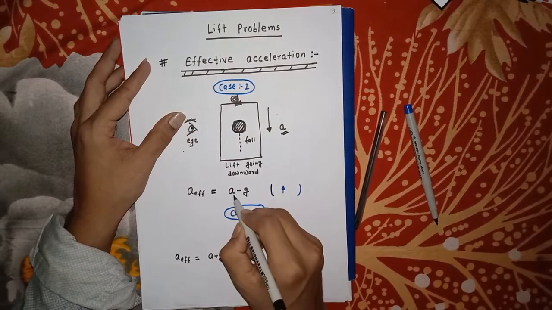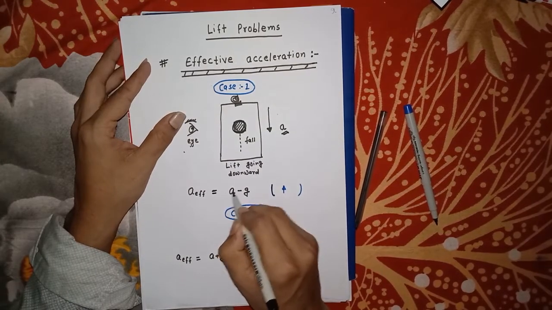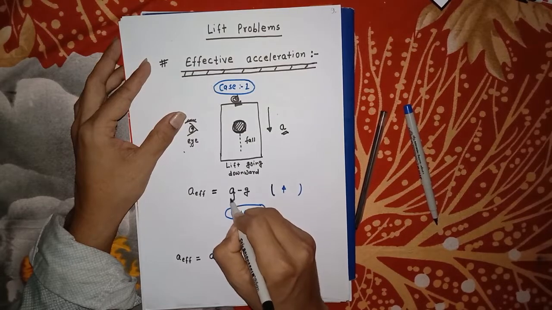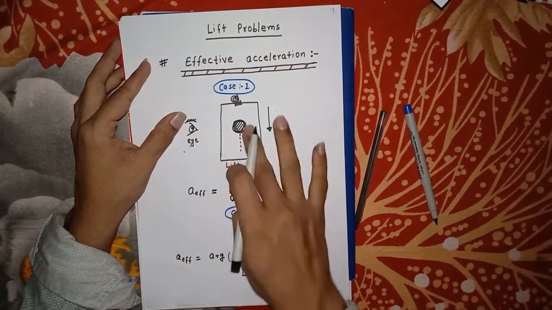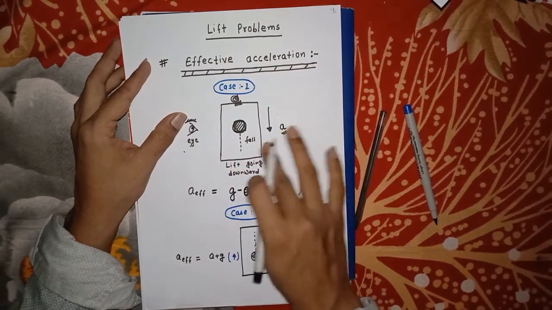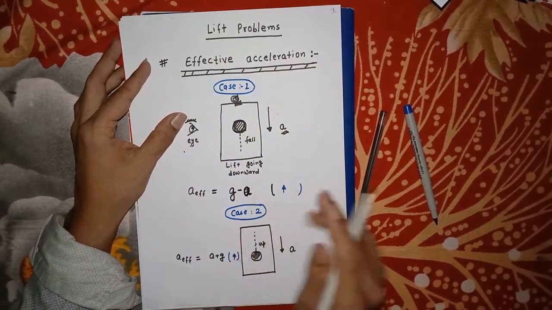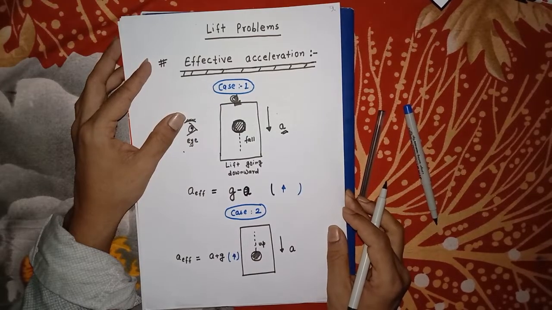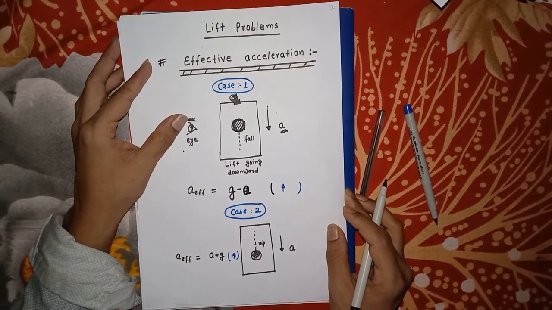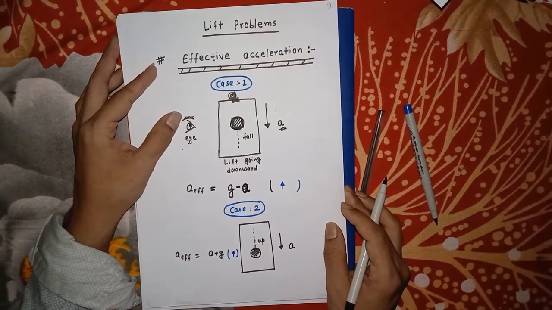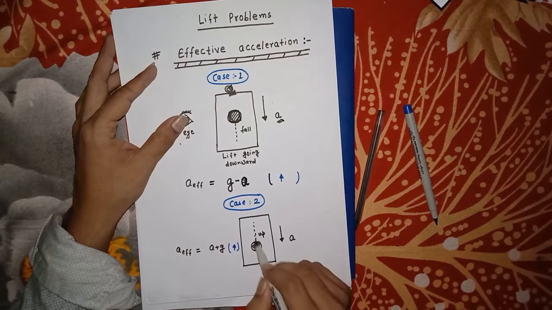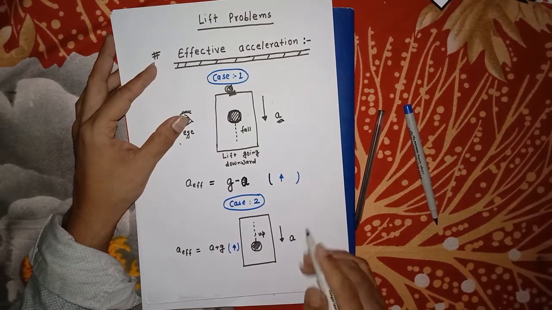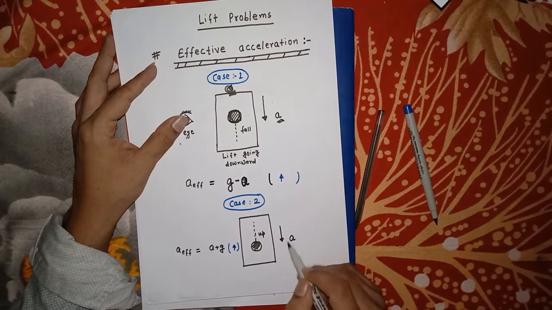So here, the acceleration of the ball is g and the lift's is a, so it becomes g minus a. Have you got my point? Now it becomes g plus a, because the acceleration of the ball going up is g and the acceleration of the lift is a.